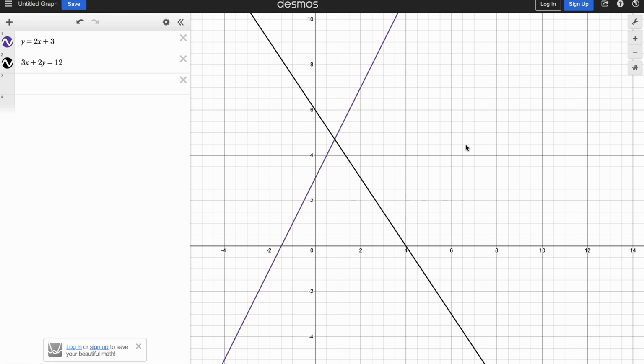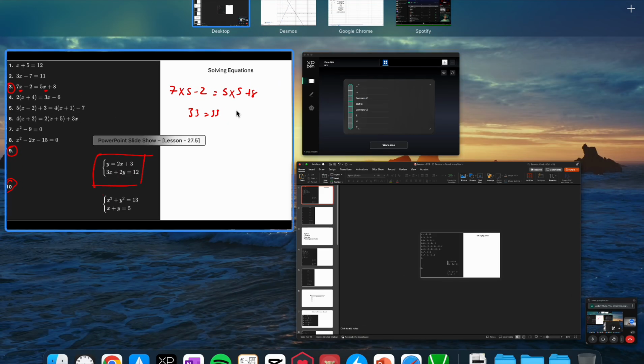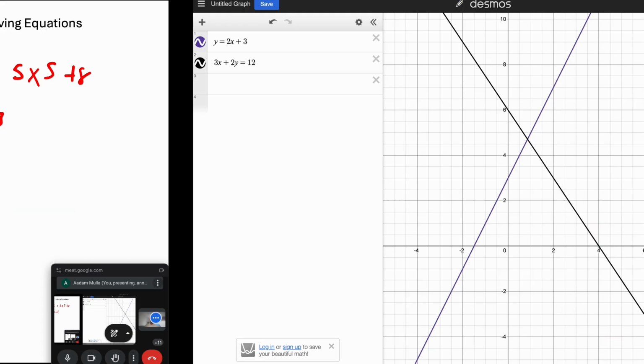Once you've got those two equations, look for the point of intersection.